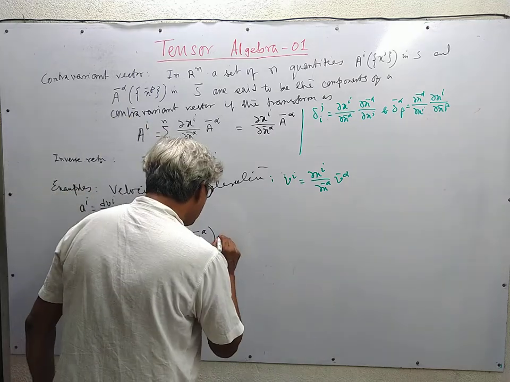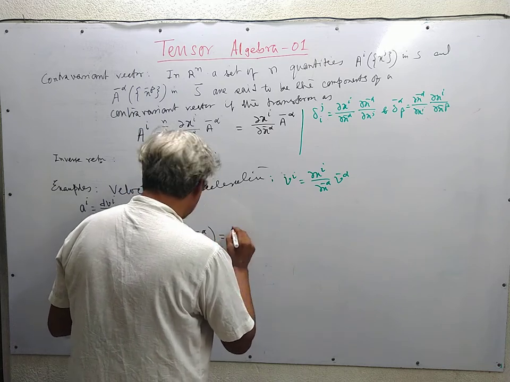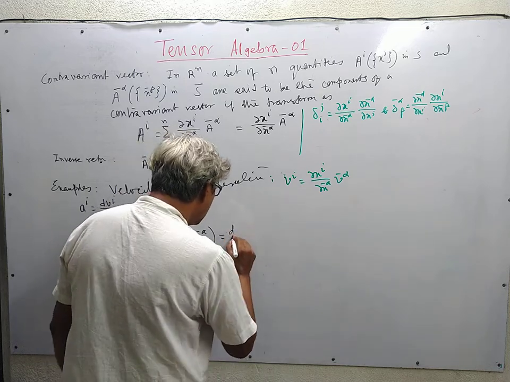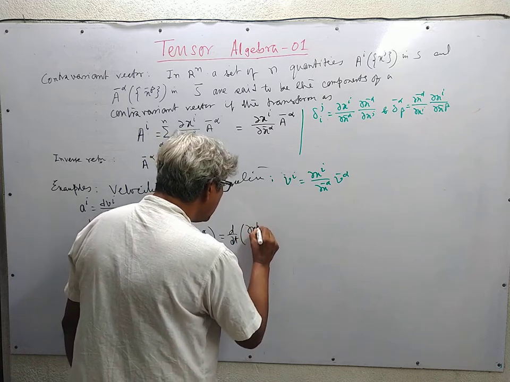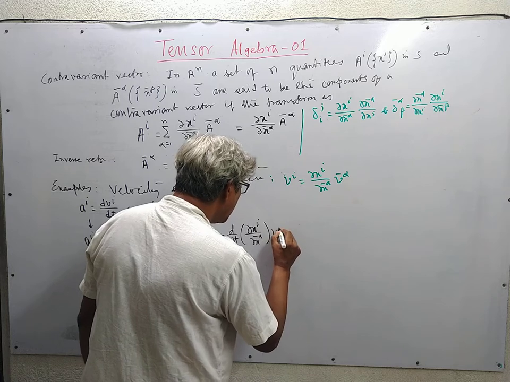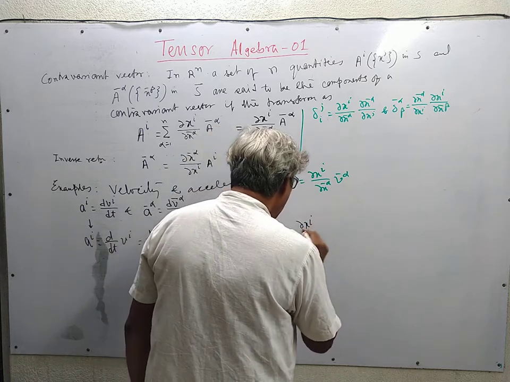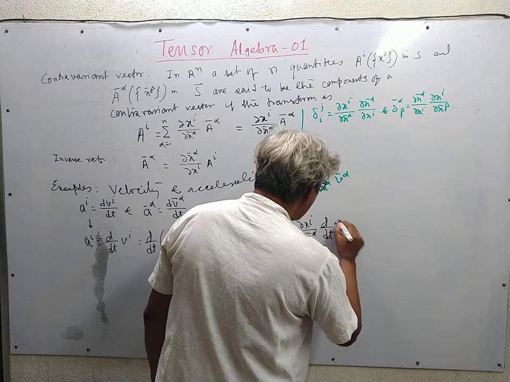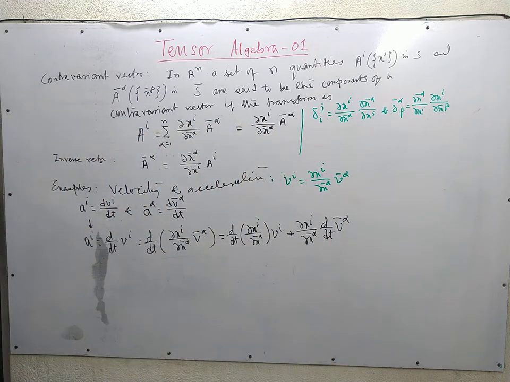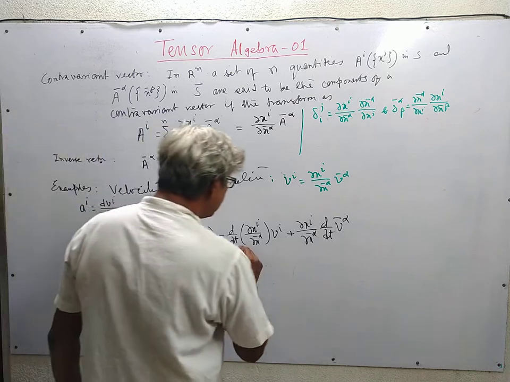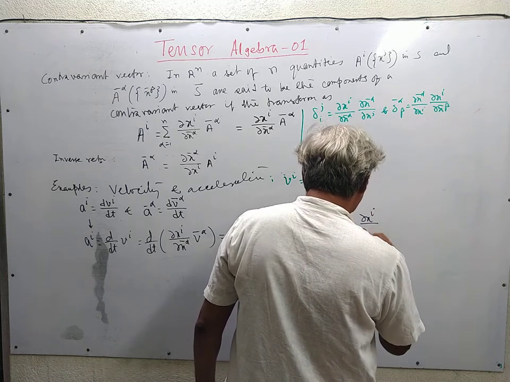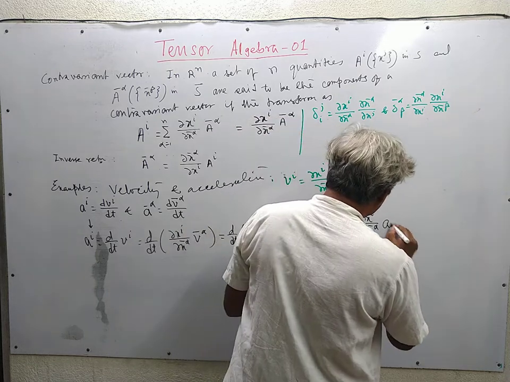So we have del 2 xi by del x bar alpha del x bar beta, and in general, the coordinate transformation that we talk about does not depend on the parameter time t, so this is 0, and we are left with del xi by del x bar alpha, and this is a bar alpha.